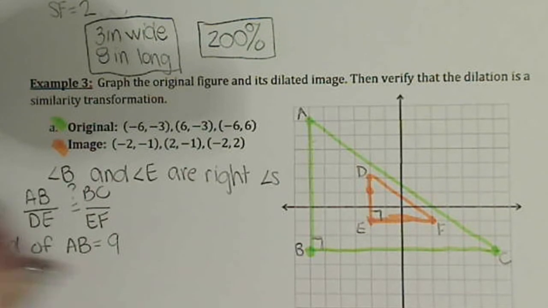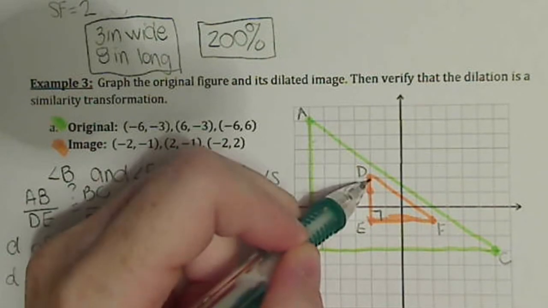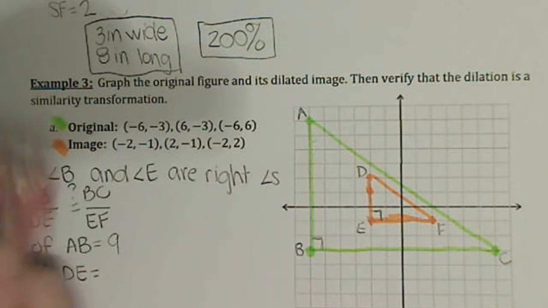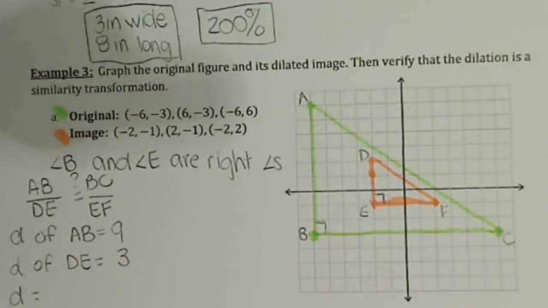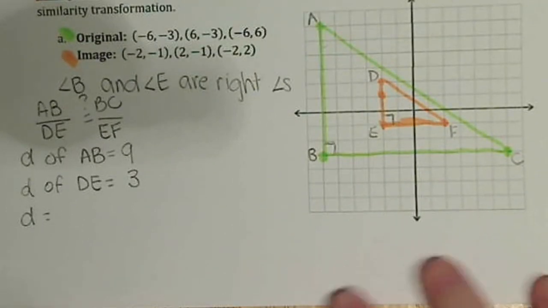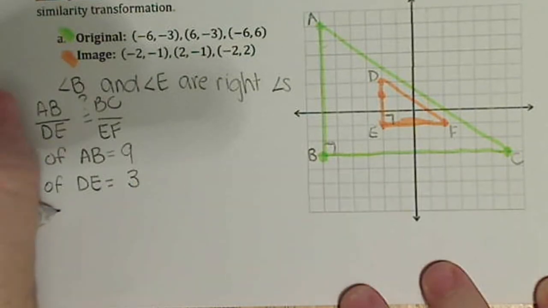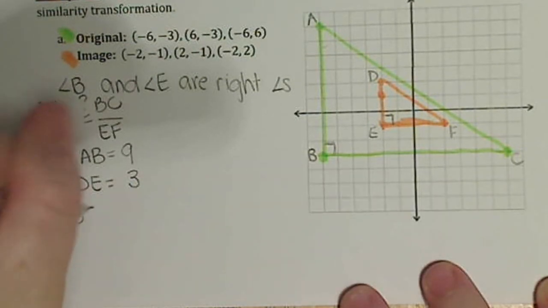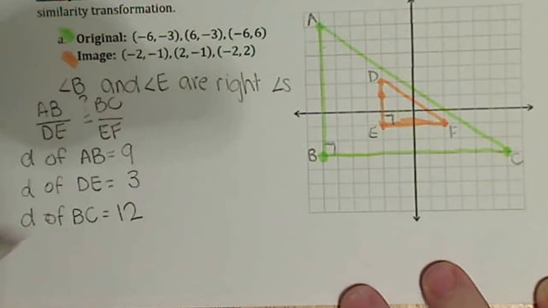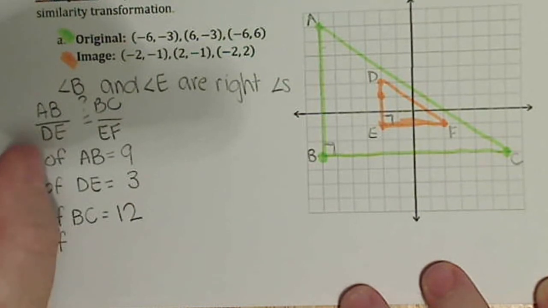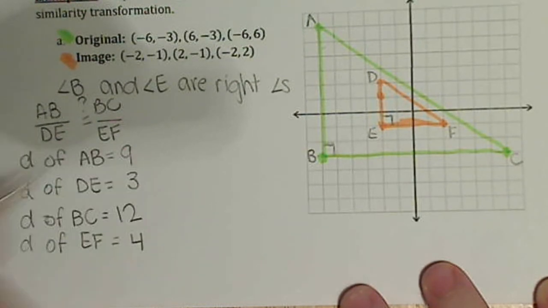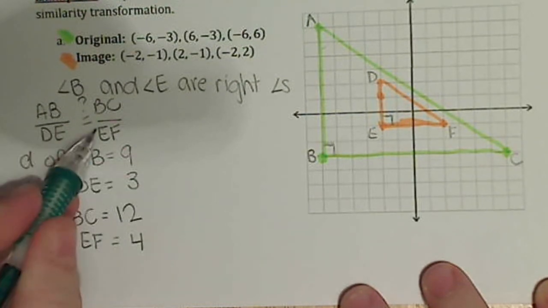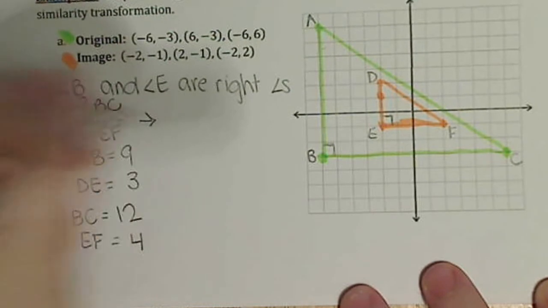Let's find the distance of DE. Count these boxes, and you'll find that it's 3. Let's find the distance of the other legs. BC is 12, and the distance of EF is 4. So let's plug these numbers in up here and see.